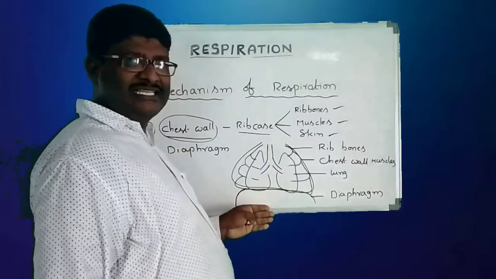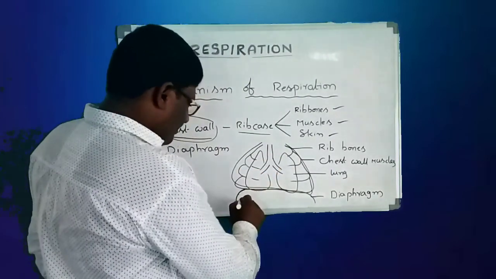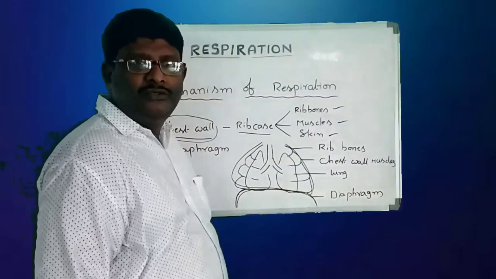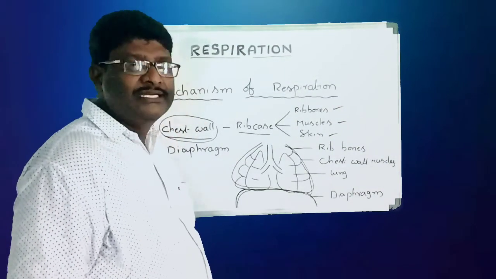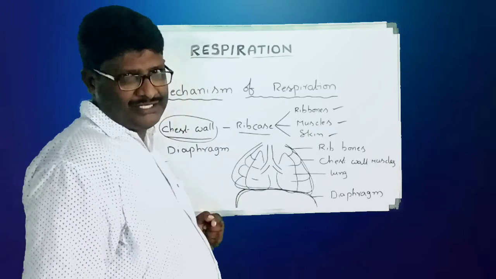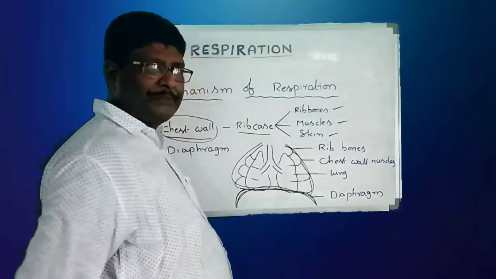Below the chest wall, there is another part that is called the diaphragm. It is a dome-shaped structure. What is that? The diaphragm. It looks like a rubber sheet in a dome shape.